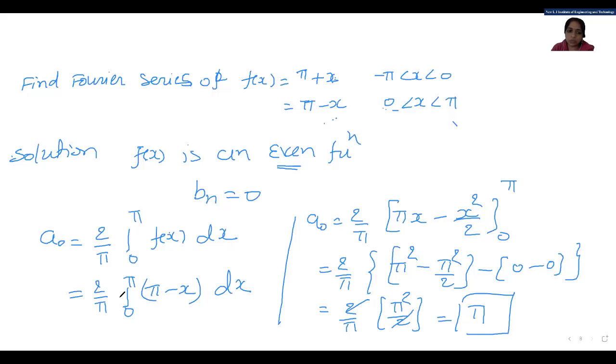So you have to remember, when you are applying the even function formula for a discontinuous function, you have to take your f of x for the limit 0 to pi only. Now, same for an. The formula of an is 2 by pi, integral 0 to pi, f of x cos nx dx, right?